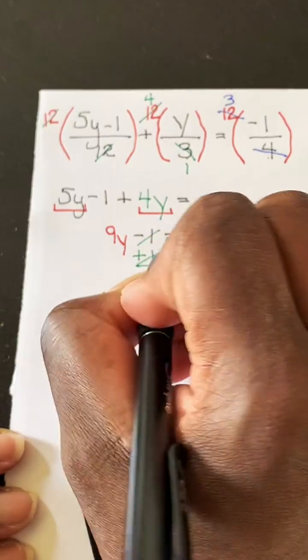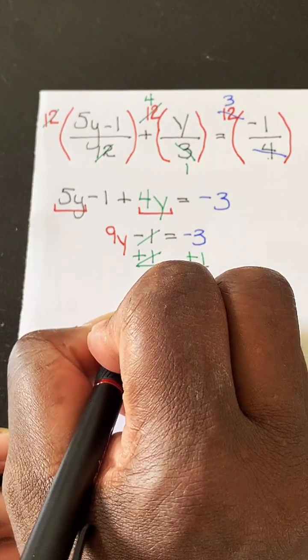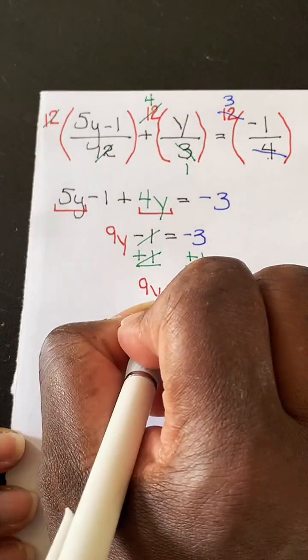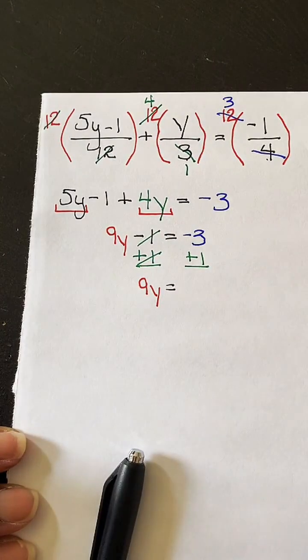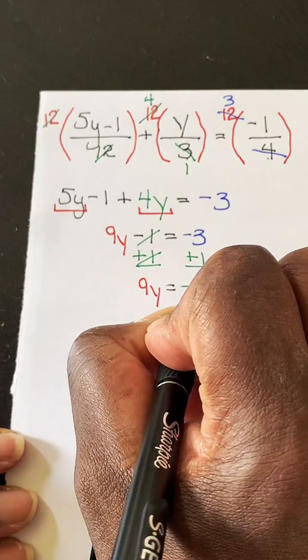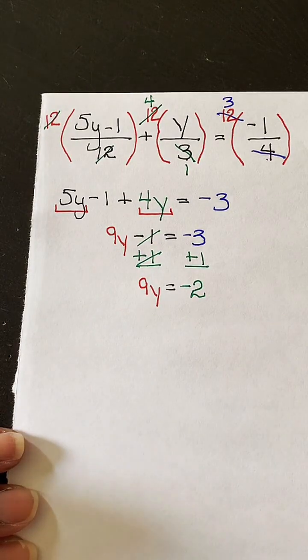So negative 1 plus 1 cancels out. Don't need the 0 because we still have the 9y involved. So negative 3 plus 1, that'll give me my negative 2. Good, Austin. Good.